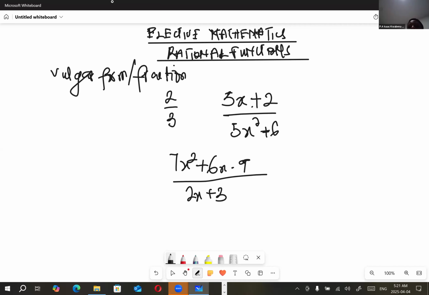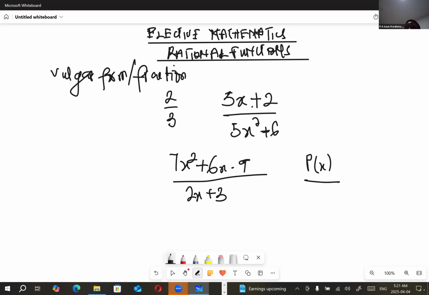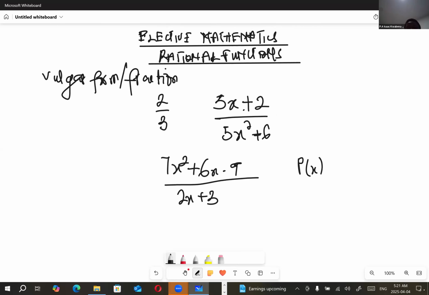Okay, so if you have any expression of this form, let's say P of X over Q of X. I'm using P of X to stand for a function, an expression in X or Y. Okay, an expression in a variable.